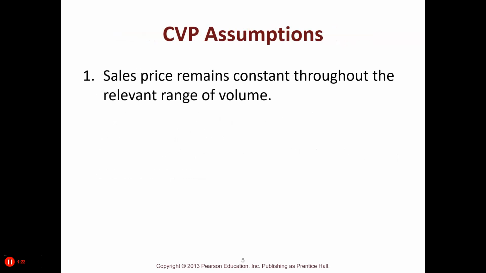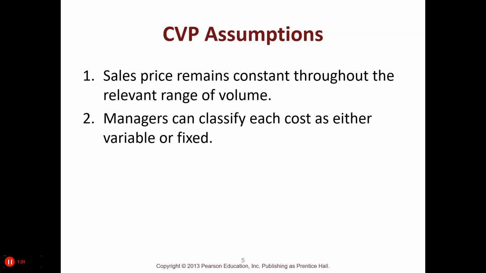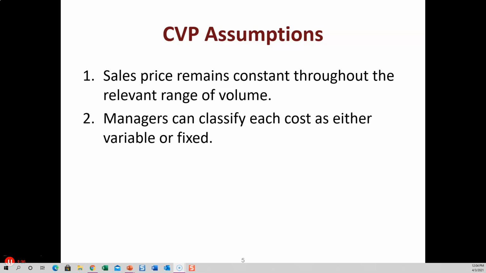Now remember, when you're doing this, you're making a lot of assumptions. You have to assume that the sales price remains constant throughout the relevant range. Remember, cost volume analysis is a means of estimating future profits based on expectations of volume and other costs.